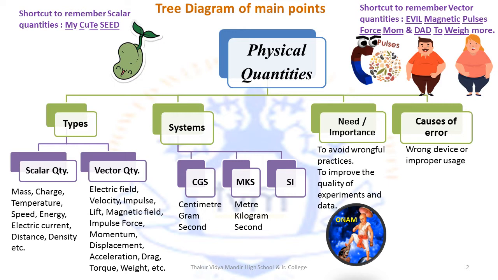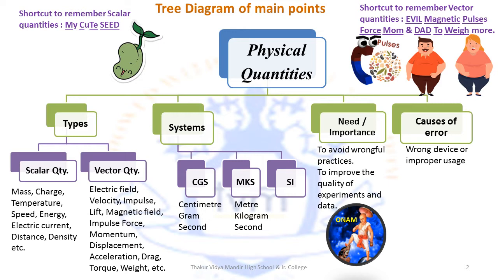Now what was the need for standardizing the units of physical quantities? Firstly, to avoid wrongful practices, and secondly, to improve the quality of experiments and of the data used for experiments. The famous tale of the festival of Onam, if you remember, will show you why one particular system that is common throughout is required for measuring things.